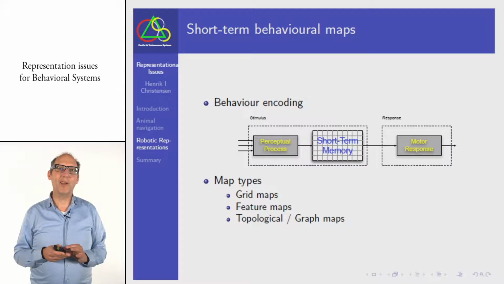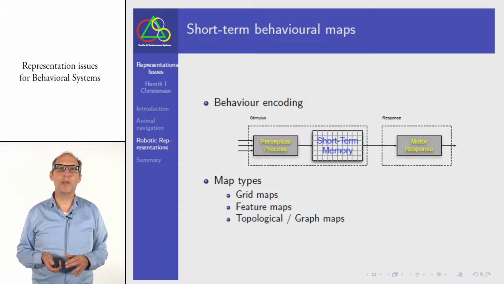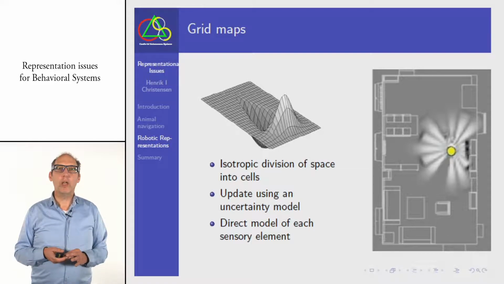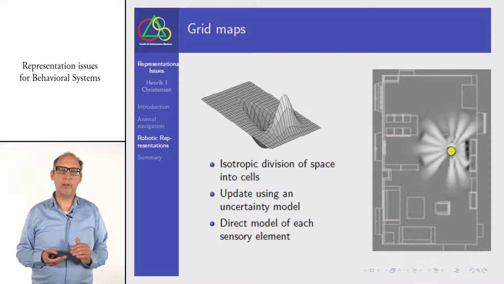Here you see a grid put over that short-term memory, but you can also have feature maps and topological maps stored in that short-term memory. So what are those grid maps for robots? With a sonar, you can have a measurement that there is an obstacle in front of you, and each of those measurements gives a Gaussian distribution where the highest chance of an obstacle is there.